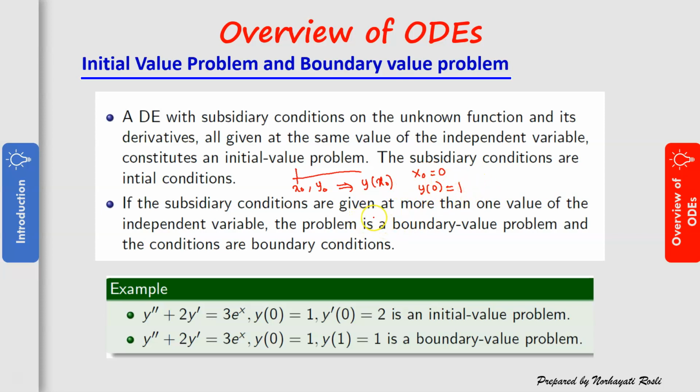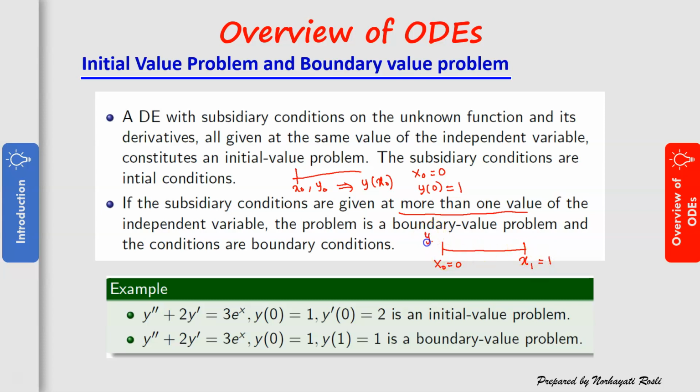But if the conditions are given at more than one value of the independent variable, the problem is a boundary value problem. It means that if I have, for example, this line, this one is x naught equal to 0, and then I have x1, let's say equal to 1.